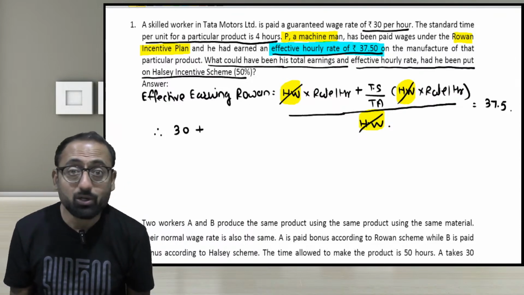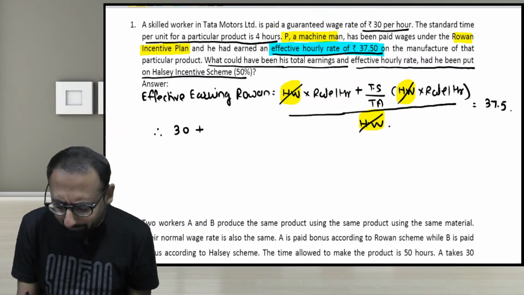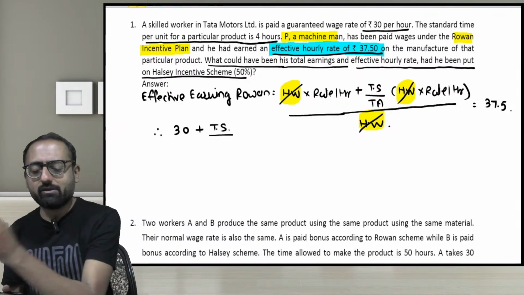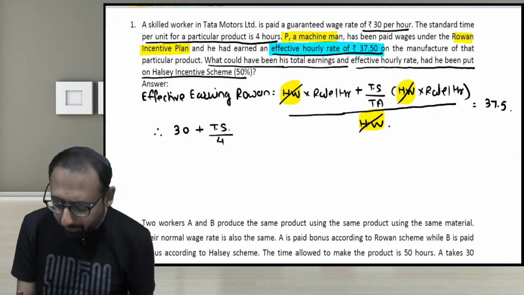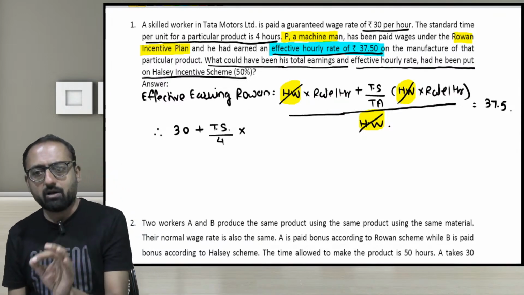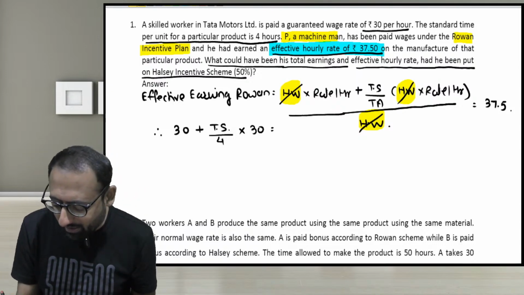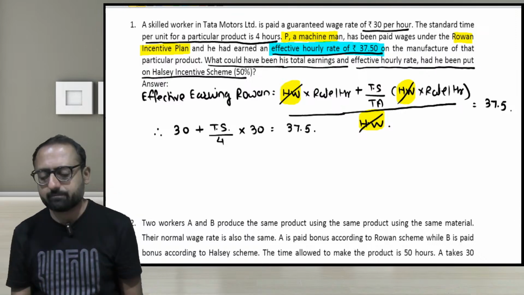We don't have the actual time taken by that worker P, so we don't have time saved. But yes, in the question, time allowed is given, and time allowed is 4 hours multiplied by rate per hour. The basic wage rate per hour is rupees 30 and the entire amount is equal to 37.5.